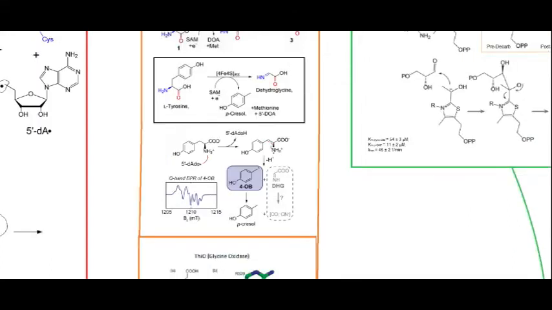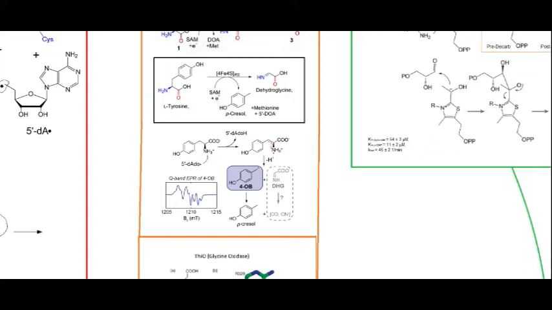But a later paper that I found using what's called electron paramagnetic resonance, EPR, to look at the placement of radicals in an intermediate, actually found that the radical is first being generated on the nitrogen here rather than on the oxygen.